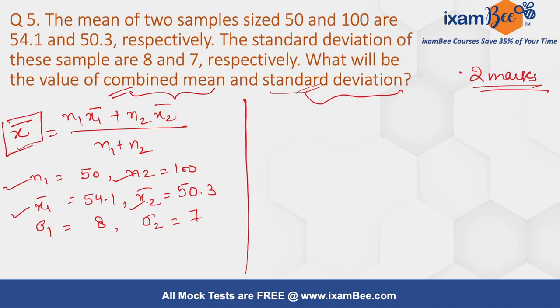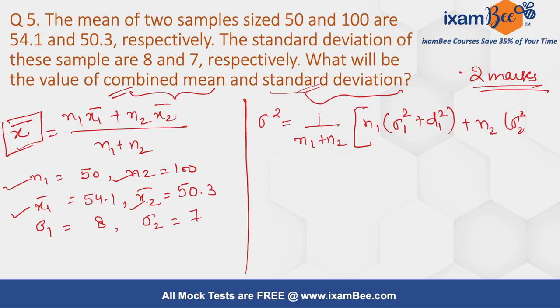Let's see what is the formula to calculate the standard deviation. Here for two series, the combined variance can be calculated as 1 upon n1 plus n2, then n1 into sigma 1 square plus d1 square, plus n2 into sigma 2 square plus d2 square.